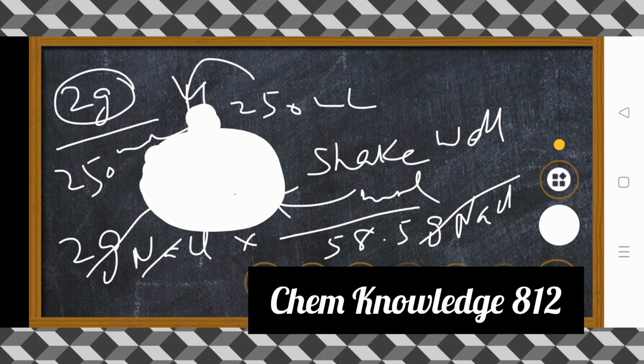In this case, gram and gram will cancel each other, and we will get the result here 0.0342 mole.